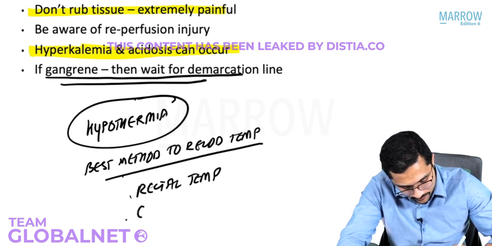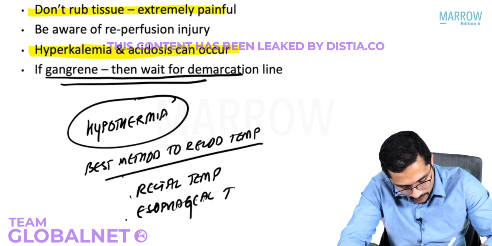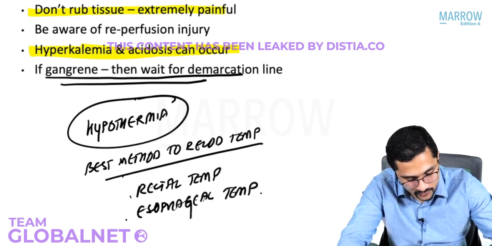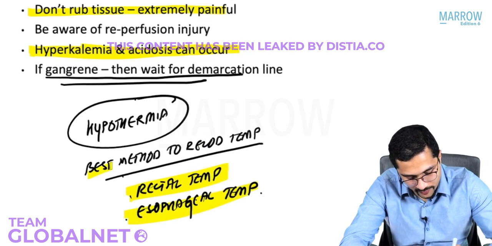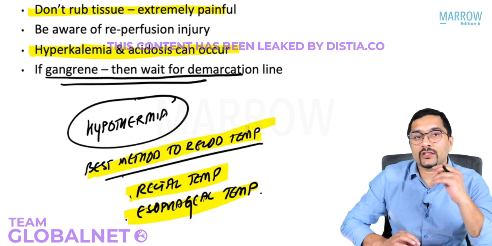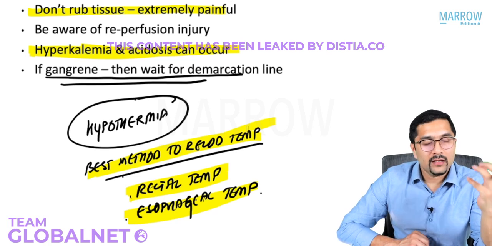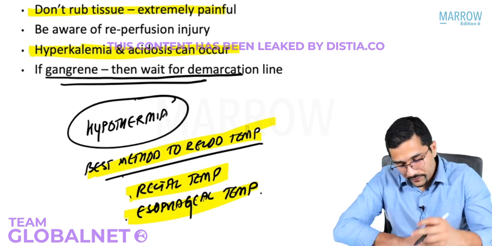So rectal temperature or esophageal temperature, and if you have to choose one, you will mark rectal temperature as the best method to measure the temperature in these patients. This was asked in the INI-CET exam, where they had asked that a soldier from Siachen is brought in with hypothermia. How do we assess the temperature?